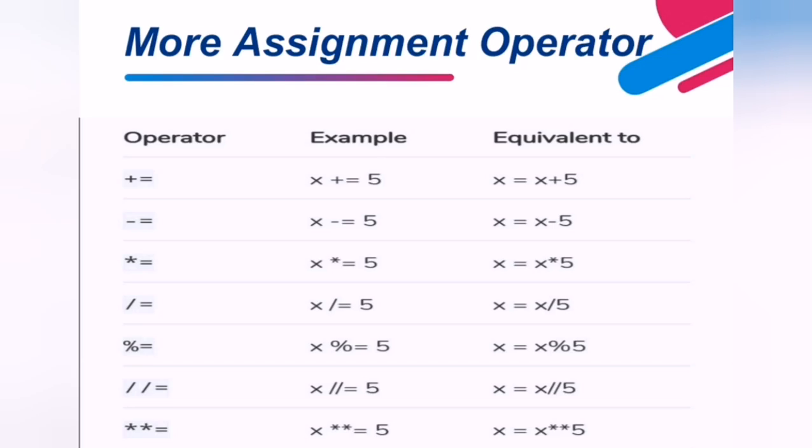If I write minus equal to, the example is x minus equal to 5, so x equal to x minus 5. These are shorthand operators we can use. Multiply and equal to: x multiply equal to 5 means x equal to x into 5. You can see more assignment operators here and use them.